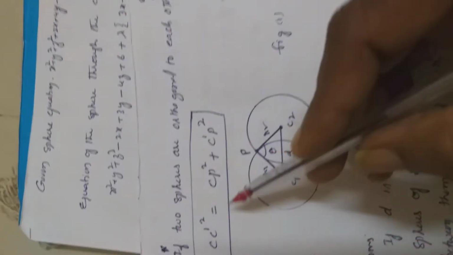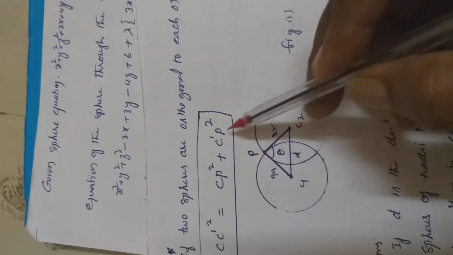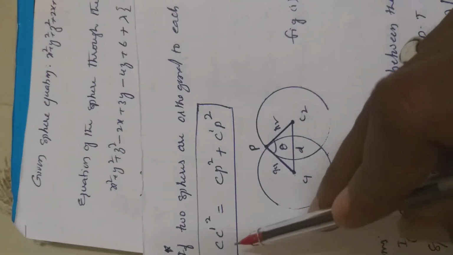Now next one, continuation. If two spheres cut orthogonally to each other, then this is the condition. C1C2 square is equal to C1P square plus C2P square. Both are equal. What does it mean actually?